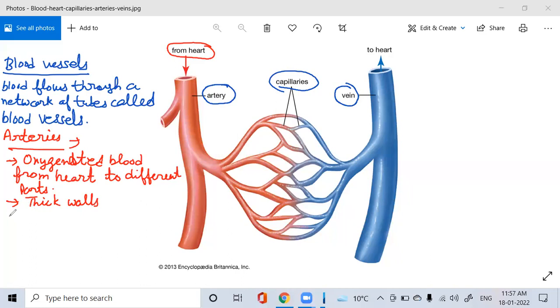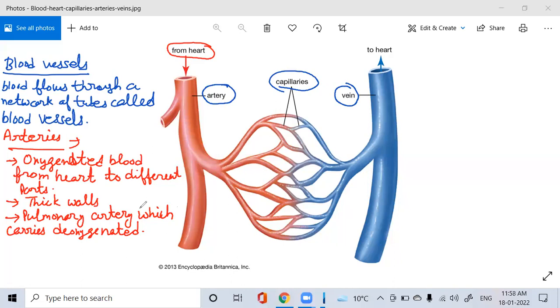There is one exception, the pulmonary artery. That is the only artery which carries deoxygenated blood, blood rich in carbon dioxide. This is a one mark question: name the artery which carries deoxygenated blood. That is the pulmonary artery.